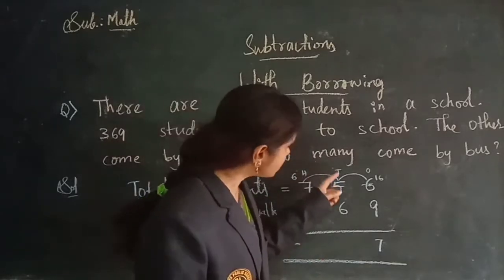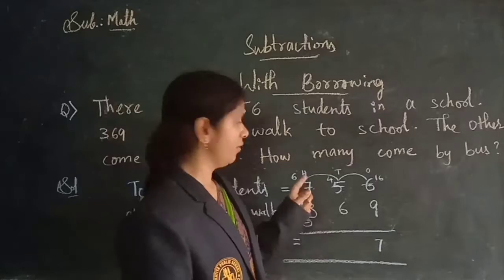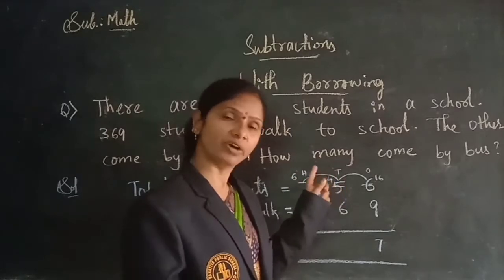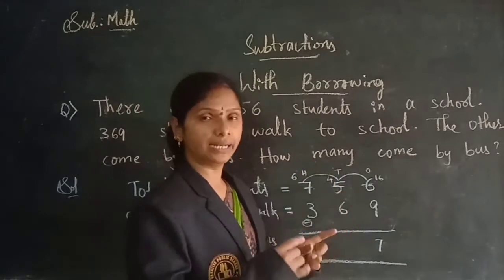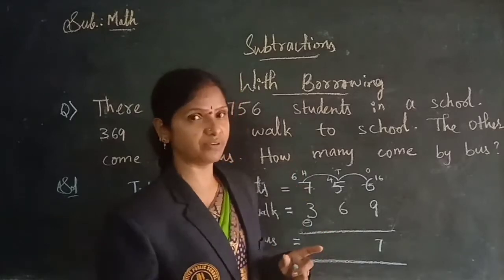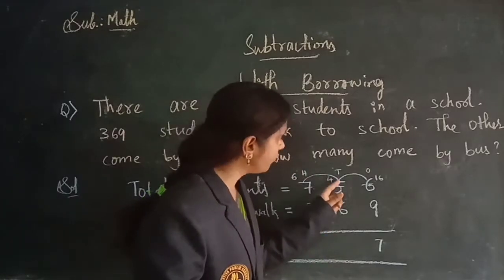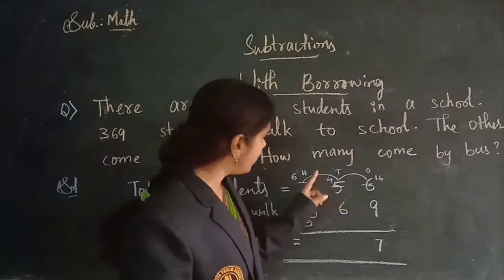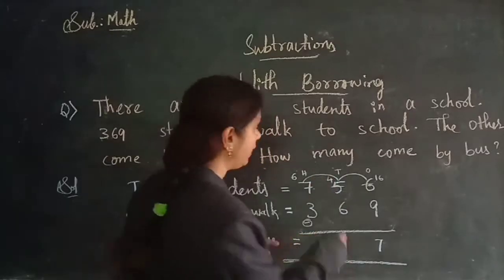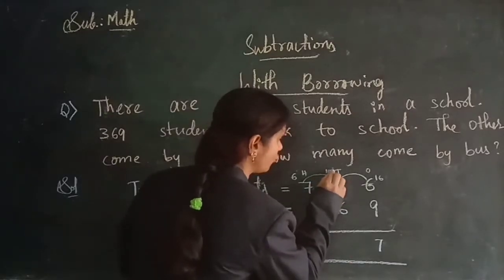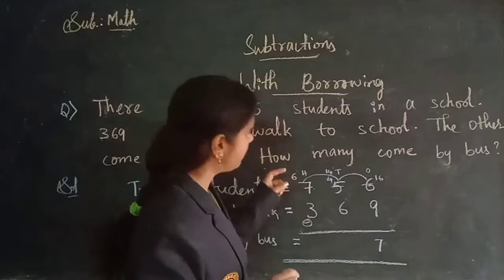Now 10 numbers I am giving to tens. Hundreds to tens, when I am moving one number, it will be 10 tens. Already I told you in the previous videos also. So one number giving means 10 numbers, and the existing 4, it will be 14, children. So 4 will become 14 and the 7 will become 6.